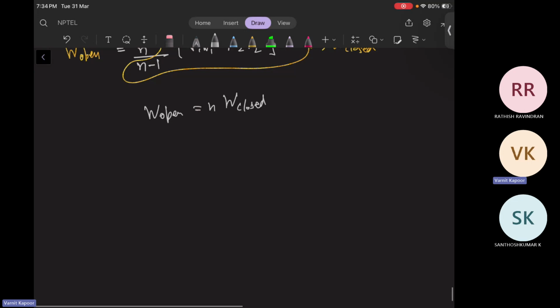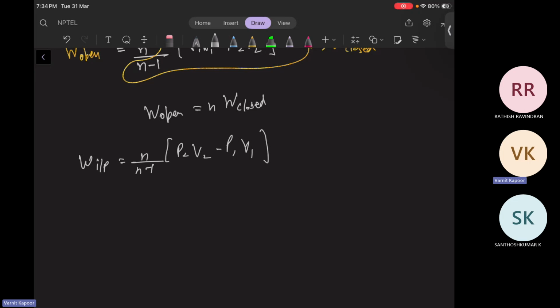So what is the net work input here? Again, I'll write here. Work input is n over n minus 1 times P2 V2 minus P1 V1. Okay.